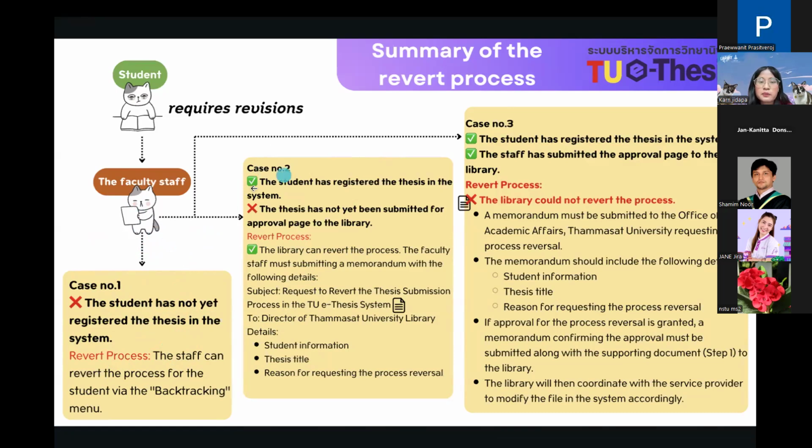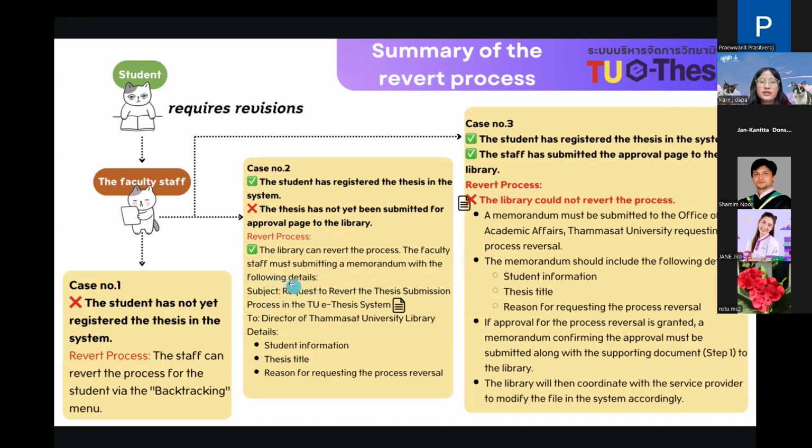Okay, for case number 2, the student has registered the thesis in the system already, but the library hasn't received the approval page from the faculty staff yet. So for the reverse process, the library can reverse the process, and the faculty must submit a memorandum with the following details.